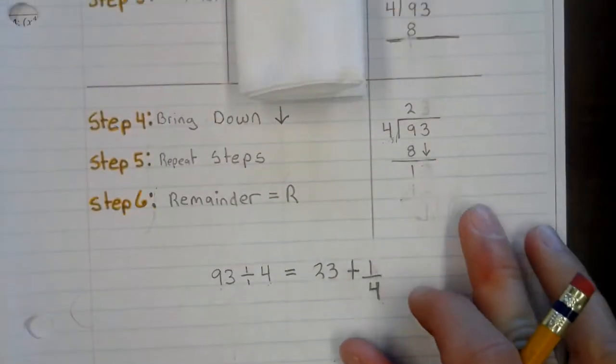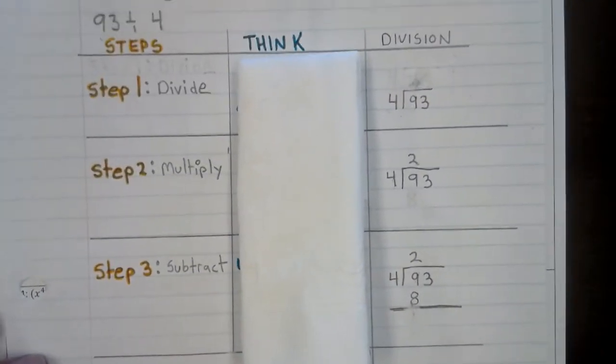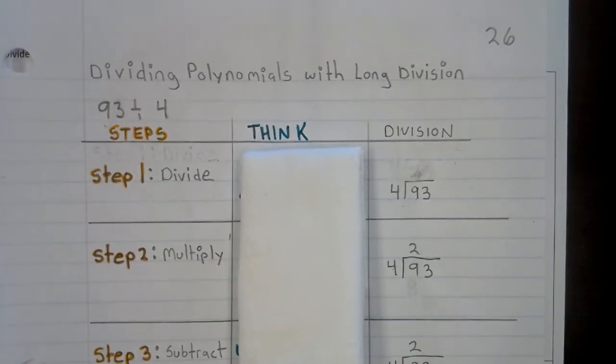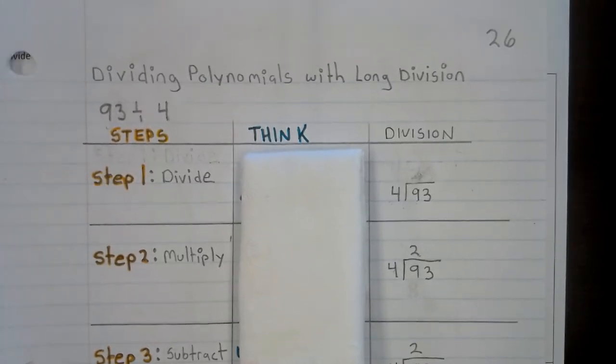Now I'm going to have you do something a little differently. I want you to take time to write down the outline of these notes, and then you're going to fill it in as we work together. So at this point, pause, update everything all the way down to step 2.